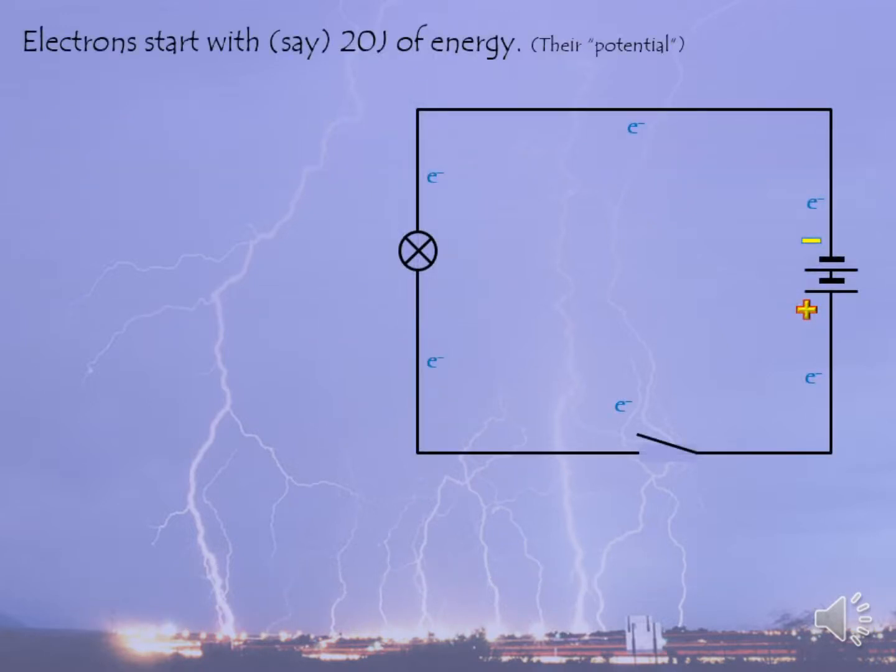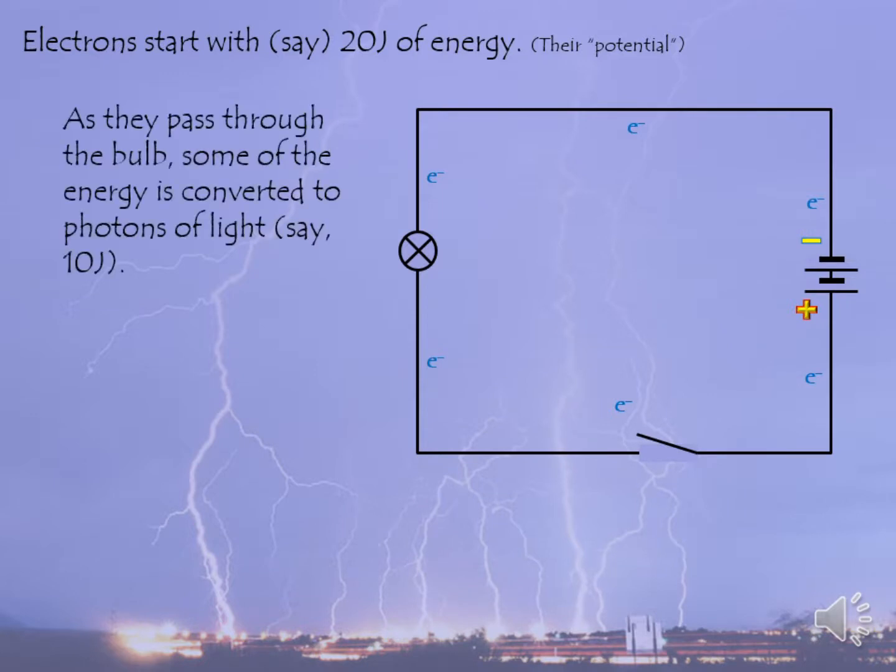So let's have a look at a simple circuit diagram, and let's say that the electrons begin at the negative point with 20 joules of electrical energy. That is the potential of the electrons in that part of the circuit. So as they pass through the bulb on the left hand side, some of that energy will be converted to photons of light.